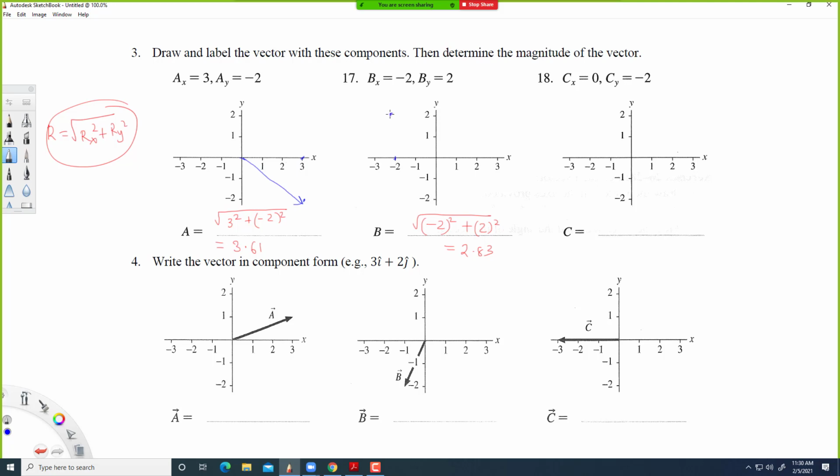So that's where the vectors end. That's B, that's A, and then here we go 0 units to the right or left, just add 0, and then 2 units down, so 1, 2 units down. So that's our vector. When you write vector, you also need to use the arrow.